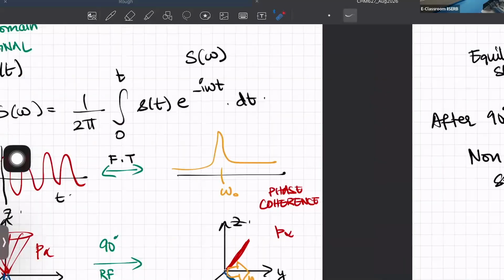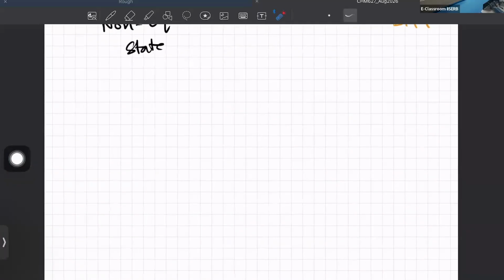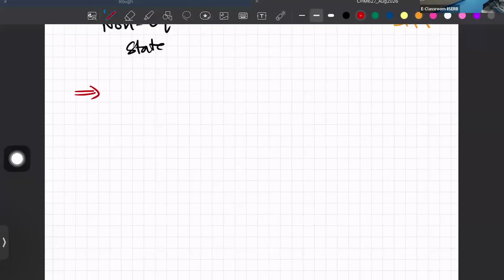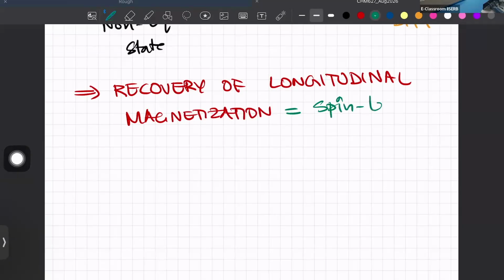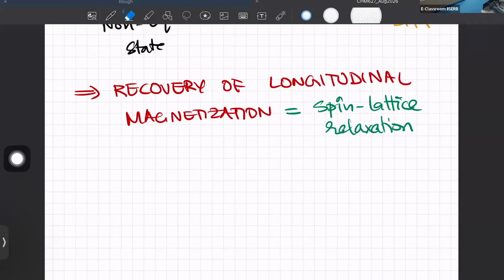So in order to understand this, we tend to refer to these two separately. The recovery of longitudinal magnetization is referred to as spin-lattice relaxation. What is spin and lattice here?